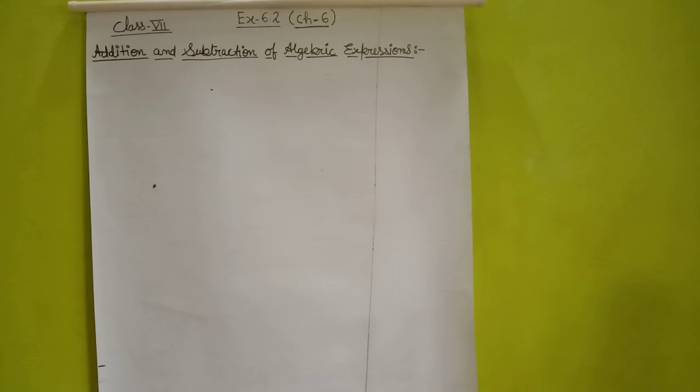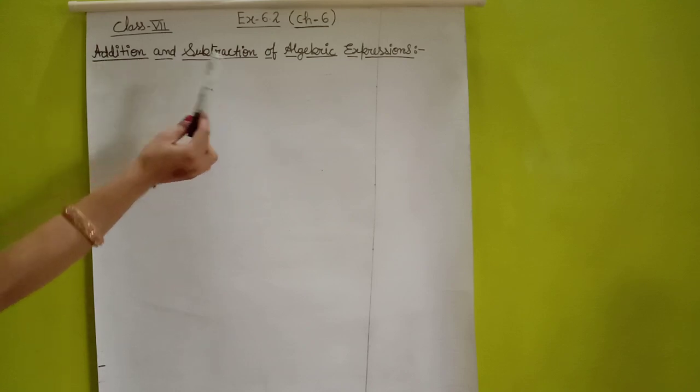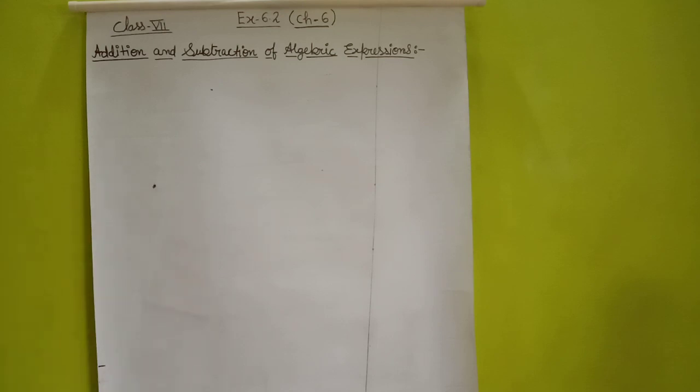Students, in exercise 6.1 of chapter 6, we studied algebraic expressions, variable, constant, monomial, binomial, trinomial, polynomial, like and unlike terms, etc. Today we will start exercise 6.2, and here we will discuss how to do addition and subtraction of algebraic expressions.